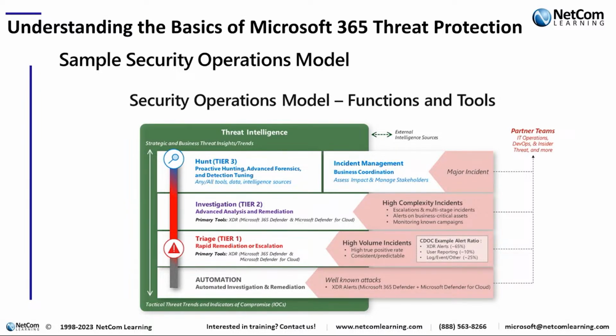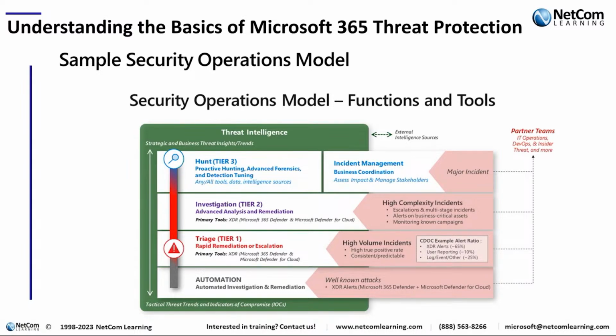The next layer is tier 2, investigation. In tier 2, we have advanced analysis using tools like Defender and Defender for Cloud. These are generally going to be high complexity incidents, right? Where we have potentially multi-stage incidents where it's attacking multiple instances of a system or multiple systems within an organization.